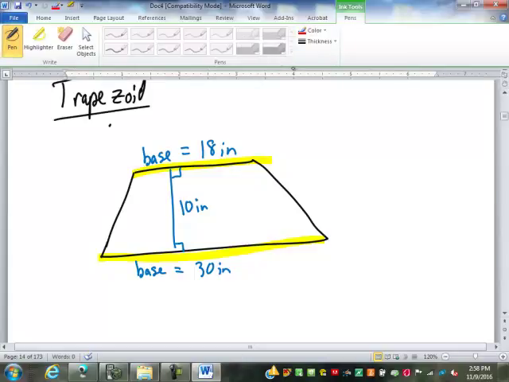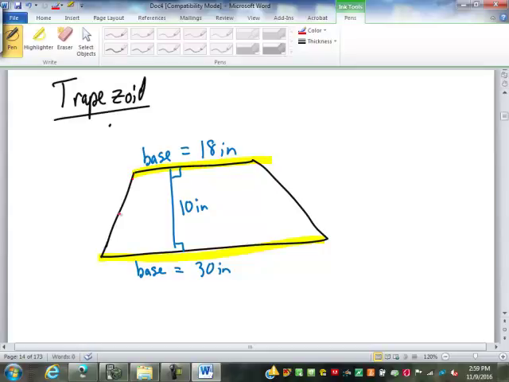For a trapezoid to find its area, we're also going to relate it to a rectangle. To turn this into a rectangle, here's what we're going to do. We're going to go halfway down this slanted side, and we're going to cut that off at a right angle. If we flip this little piece up that we cut off, it should fill in this little spot perfectly, and we now have a squared end on that trapezoid.